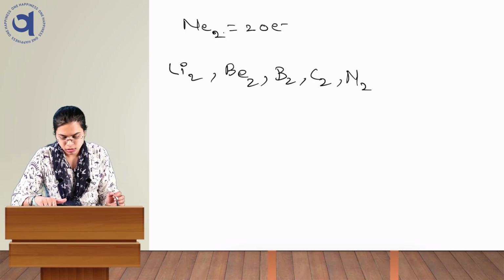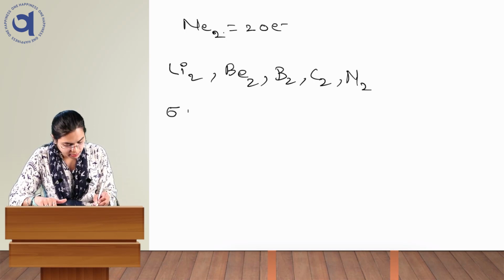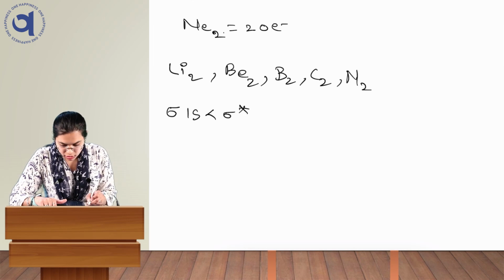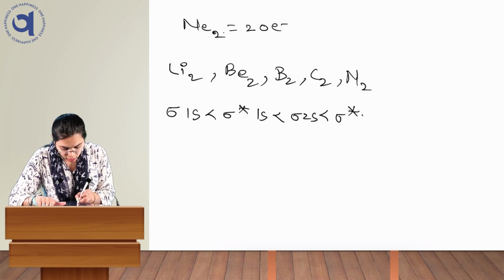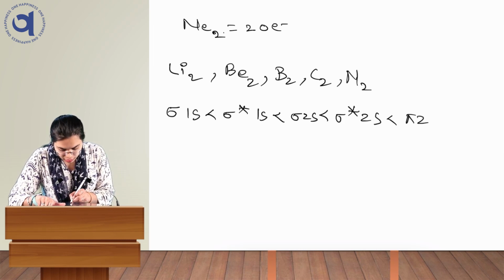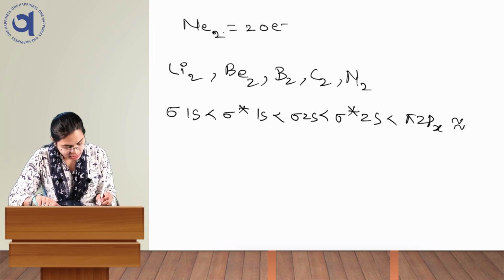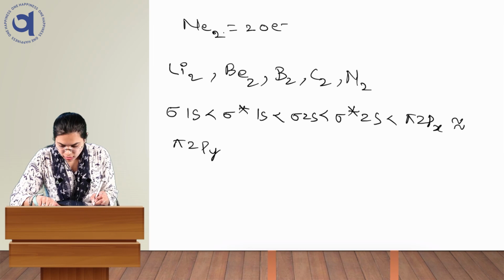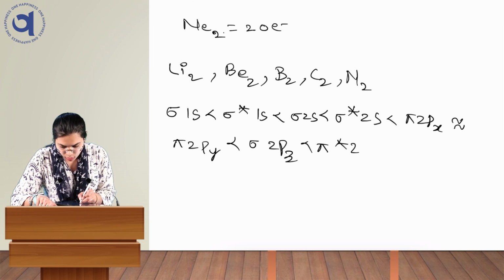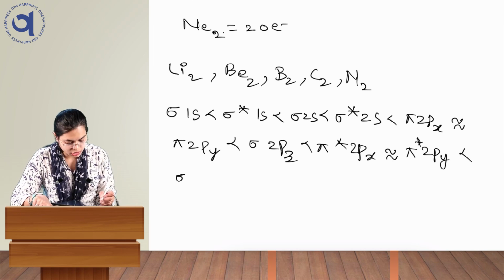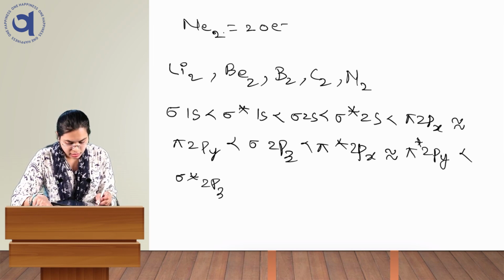The sequence is sigma 1s, sigma antibonding 1s, sigma 2s, sigma antibonding 2s, pi 2px has energy similar to pi 2py, sigma 2pz, then pi antibonding 2px has energy similar to pi antibonding 2py, and the highest energy is that of the sigma antibonding 2pz.